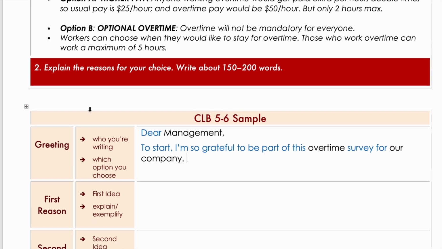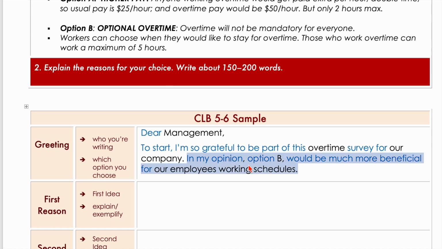Now, which option I choose, okay? In my opinion, option B would be much more beneficial for our employees' working schedules. Okay, now again, this blue is the structure.